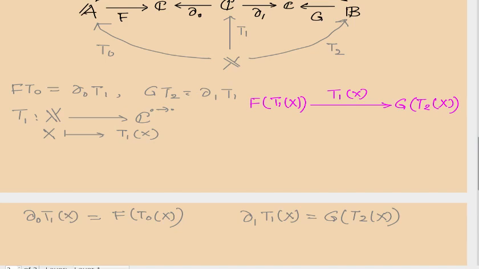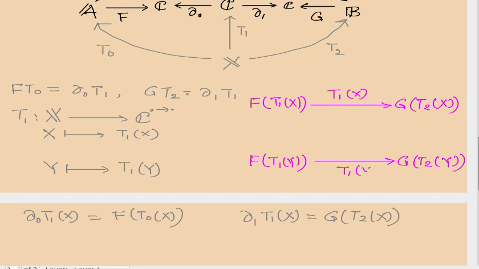Good. So if we have another object y, the picture is almost similar. So we have F of T0y, G of T2y, and this is my morphism T1y. And now what happens to an image?